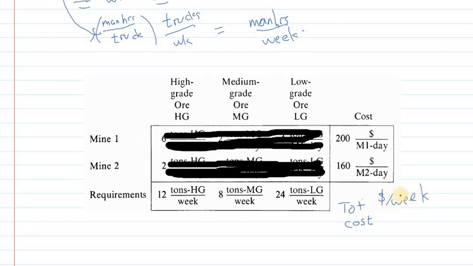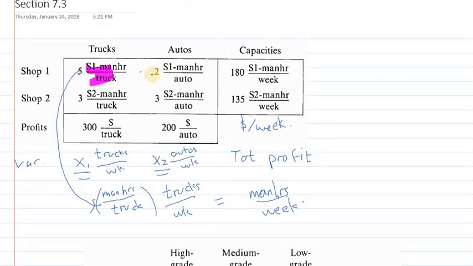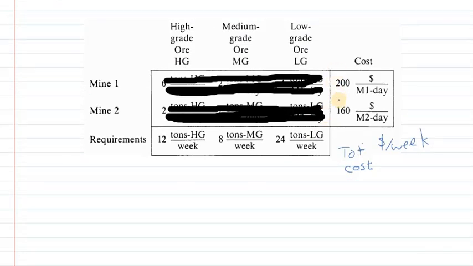Notice that I have a slightly different setup here. In the maximization problem, we had a certain amount of trucks to produce and a certain amount of autos to produce, and that gave us the capacity. So the variables went across for the maximization problem. For the minimization problem, it's more convenient to make the variables go down.